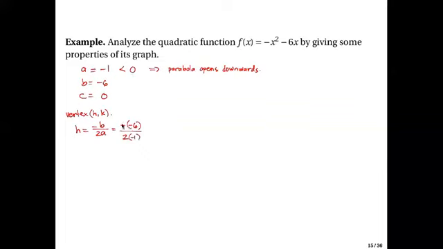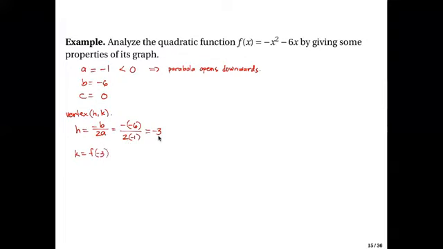Negative, negative, it's positive. On the denominator, you have positive times negative, so the denominator is negative. So you will get 6 over negative 2, and that's equal to negative 3. And then you have your k. This is f of h, which is f of negative 3.